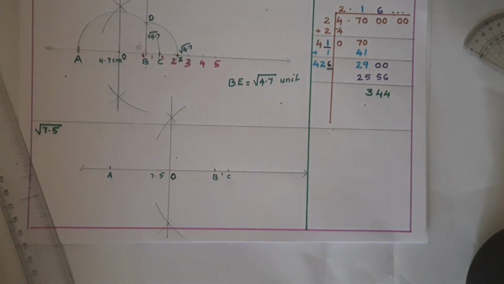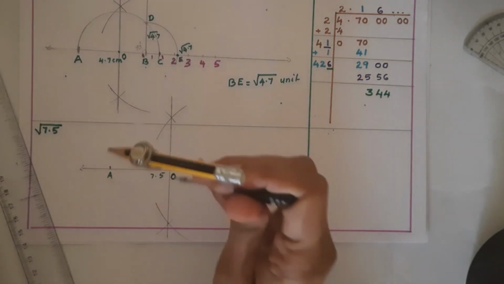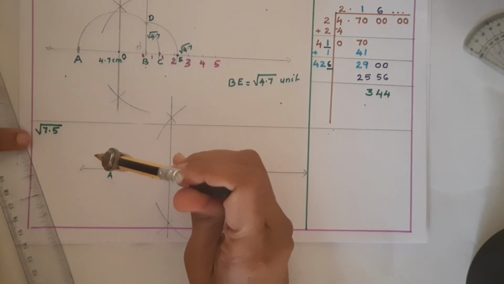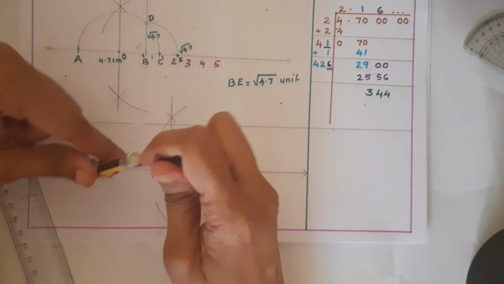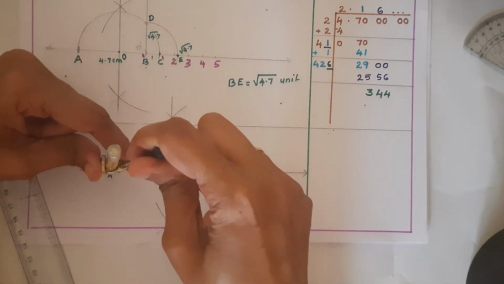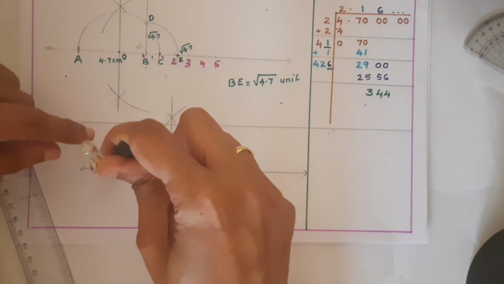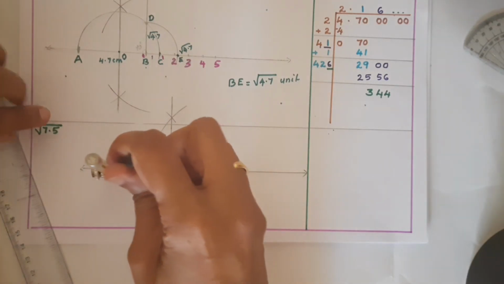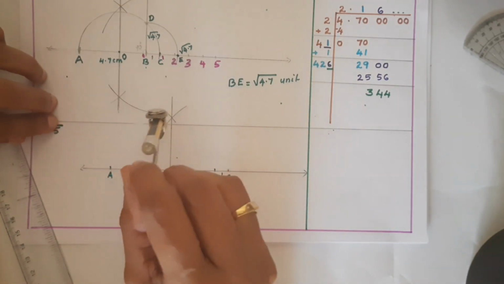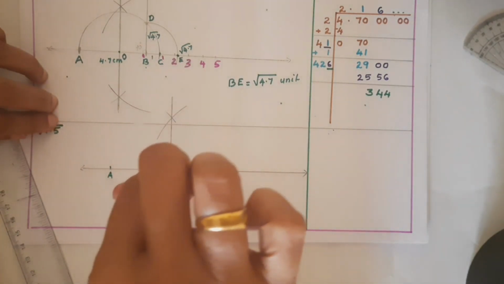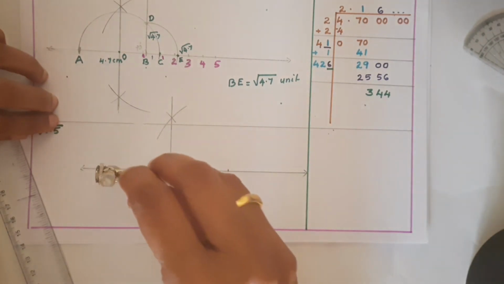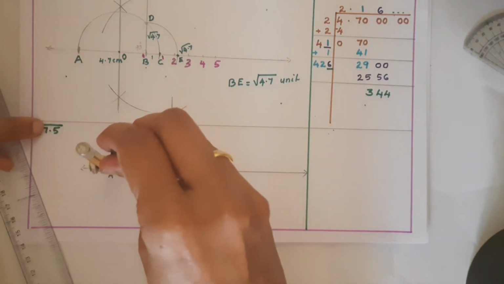Okay, children. What is the next step? Can you recall? With O as center and OA as radius. So, fix the compass at O and take the radius OA. We have to draw a semicircle.